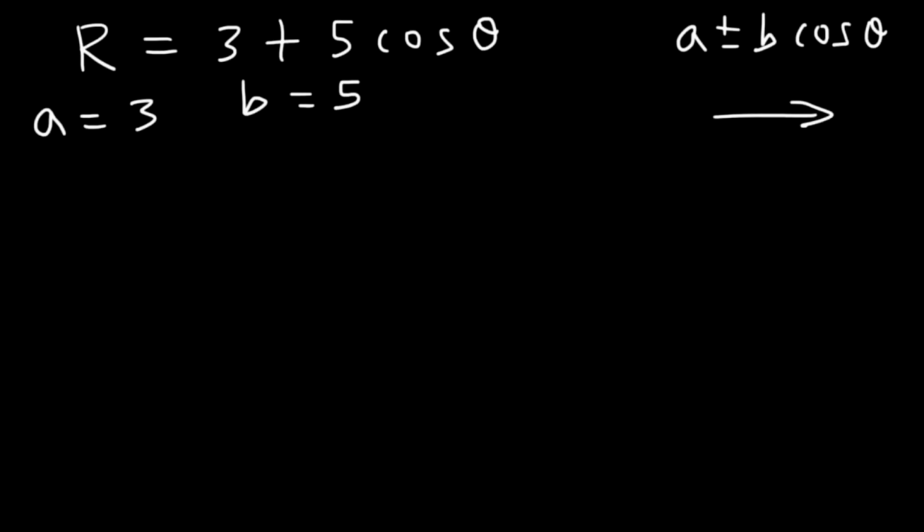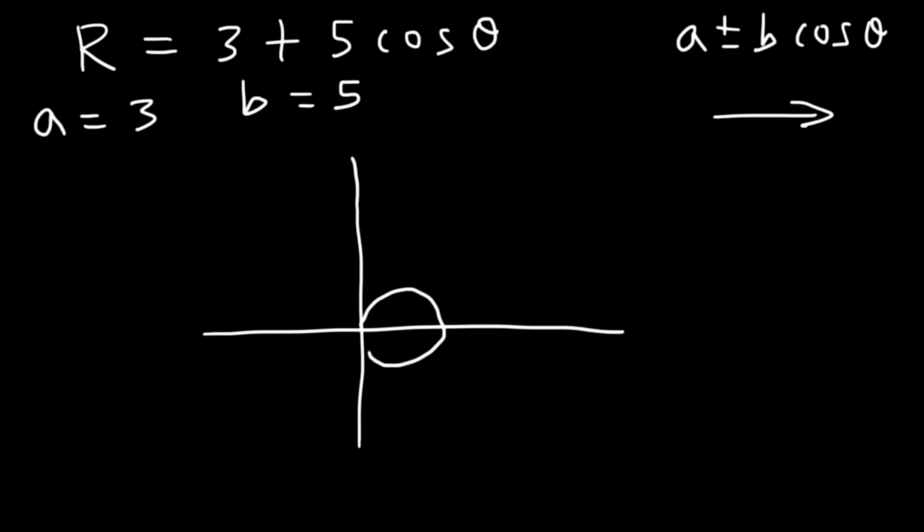Now, when graphing this type of limacon, you want to make sure you get 4 points, 2 x-intercepts and 2 y-intercepts. So let's draw a rough sketch of this graph. This point is positive a, a units relative to the center. And this other y-intercept is negative a units from the center.